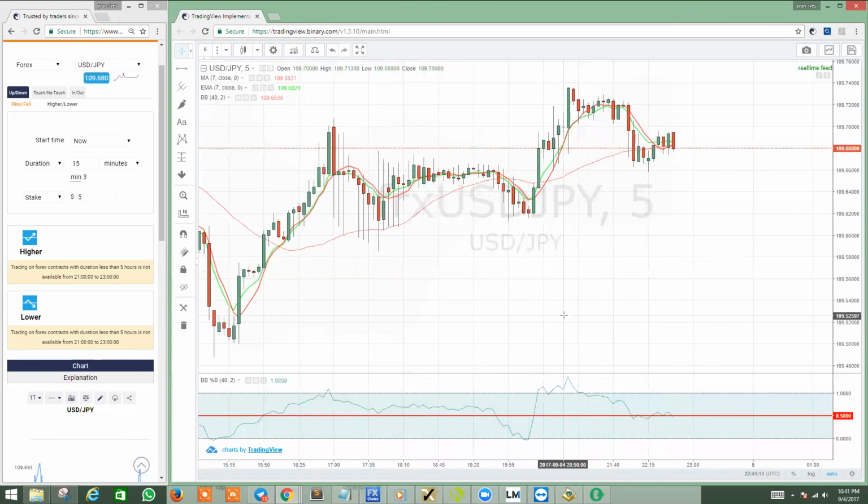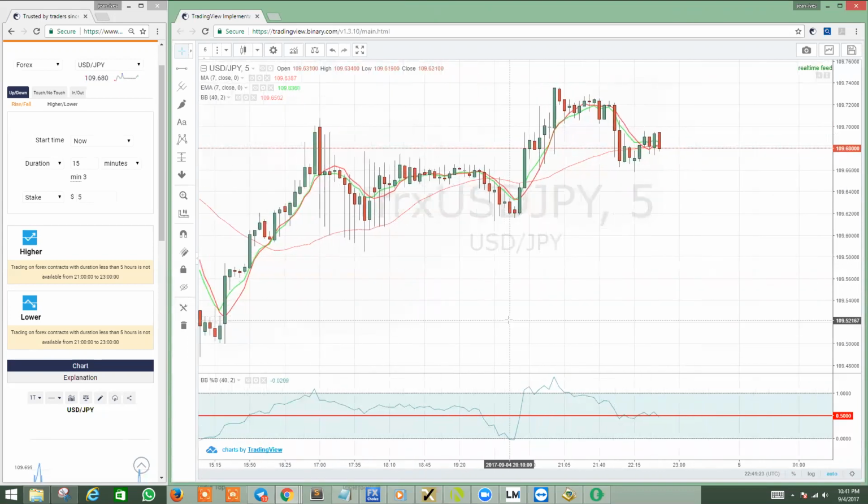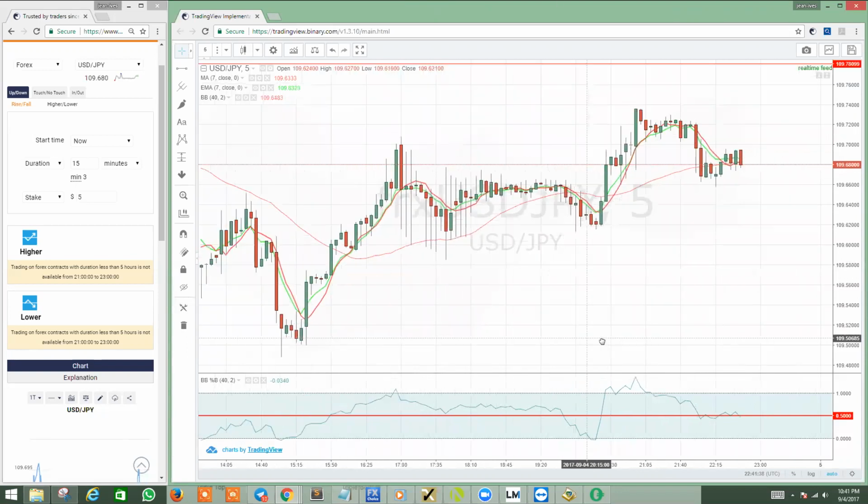So why do I have the EMA 7 and the moving average 7? Because whenever I see a cross on those two moving averages, there is a change in the direction of the price. Why? Because I use the exponential moving average because it's very sensitive to price.